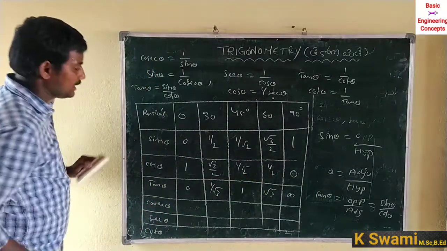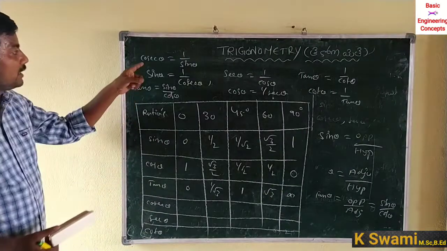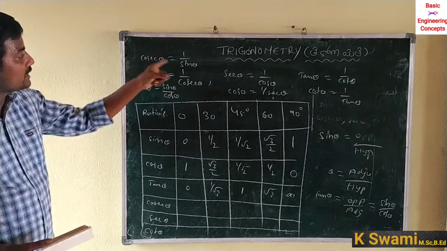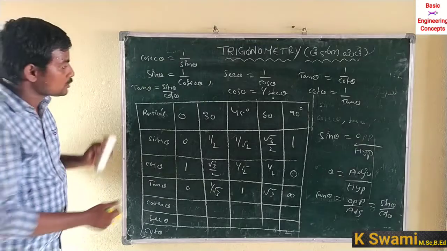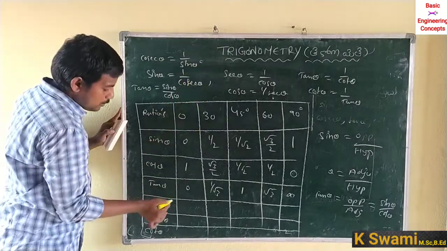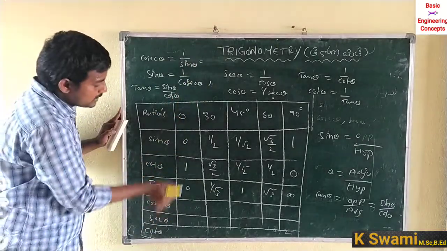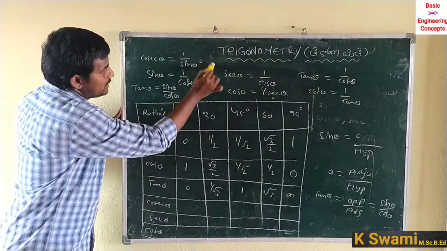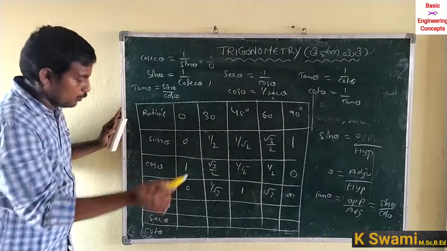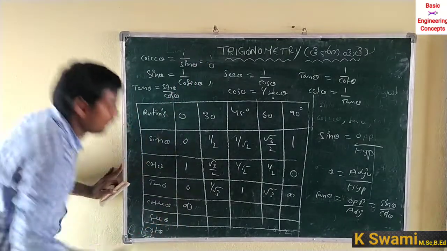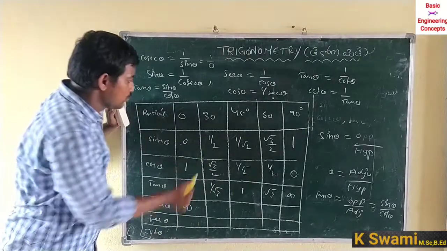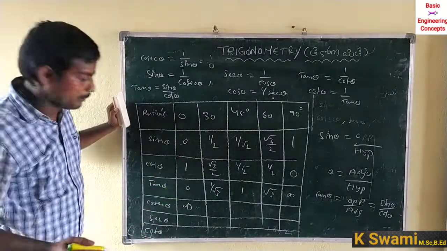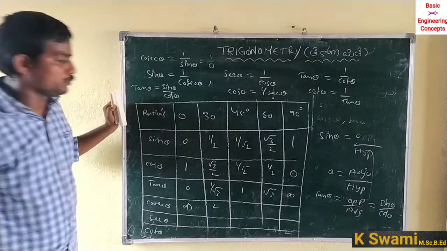And cosecant theta, already discussed: cosecant theta is equal to 1 by sin theta. So cosecant 0 is 1 by 0, which is undefined. And 1 by 1 by 2 is equal to 2.